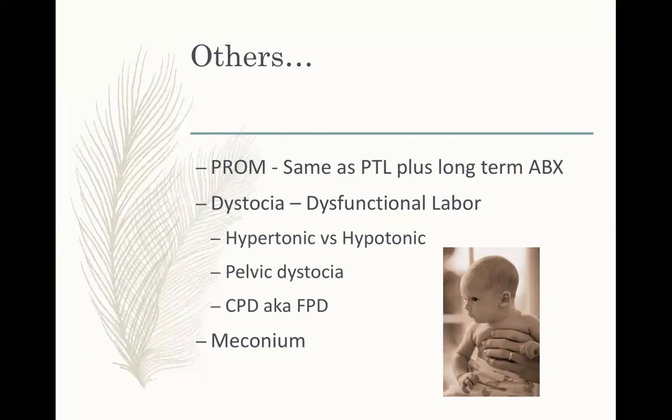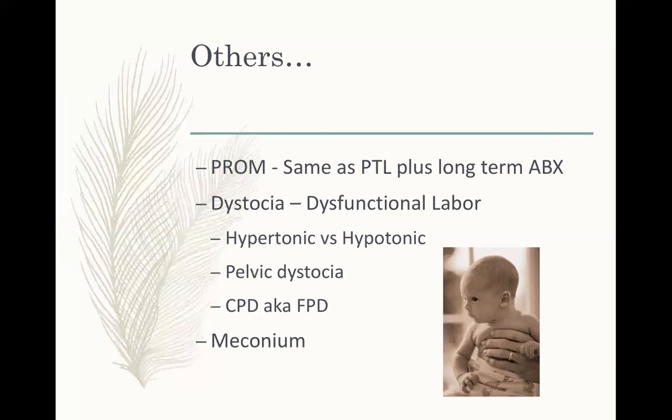PPROM, and again, I will change that for the PowerPoint that I attach as just a PowerPoint for you to print out. PPROM is preterm premature rupture of membranes. I'll say it again. PPROM is preterm premature rupture of membranes.